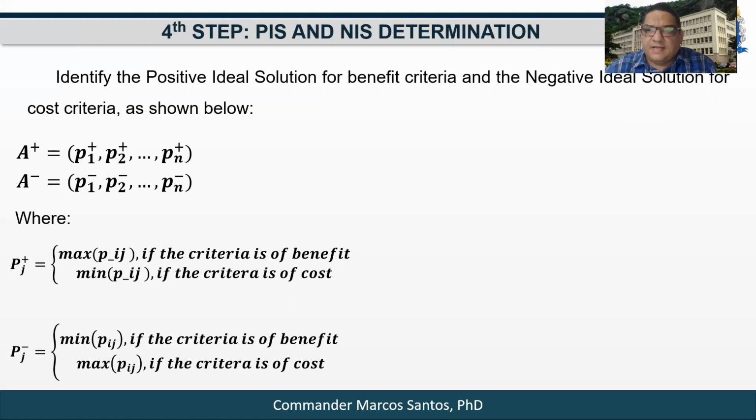And P negative is minimum PIG if the criteria is of benefit, and maximum PIG if the criteria is of cost.